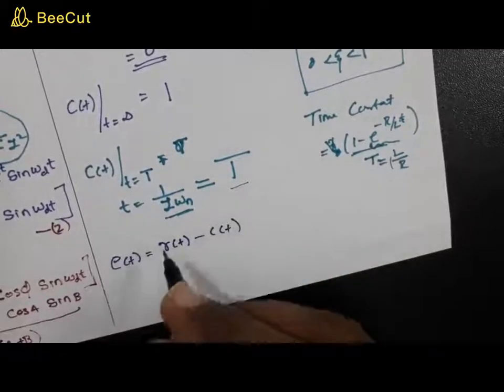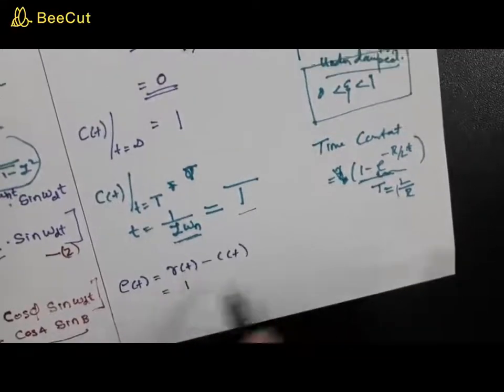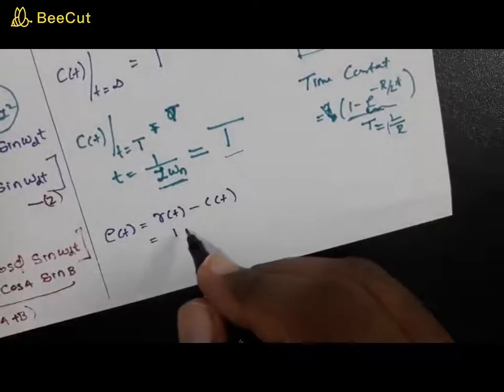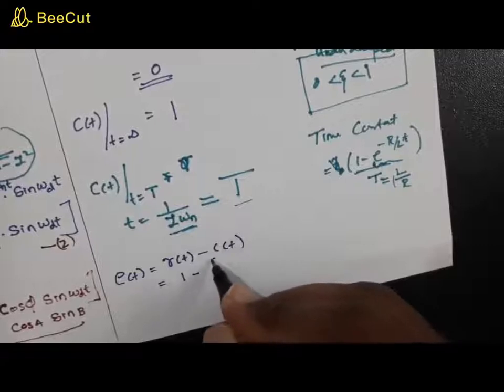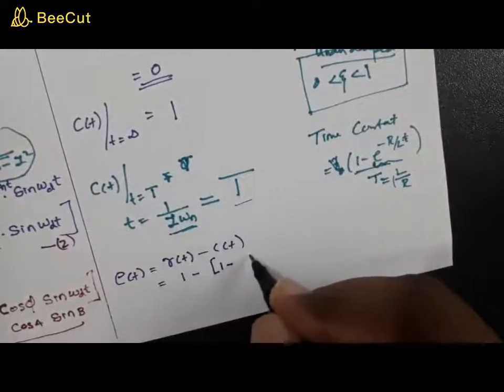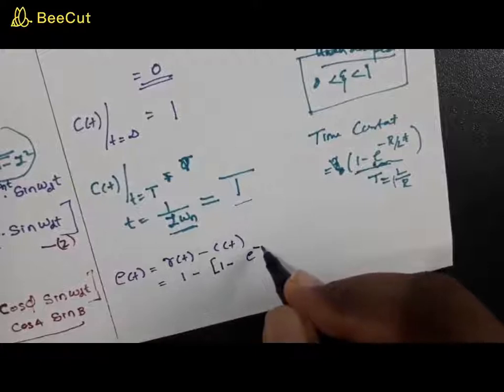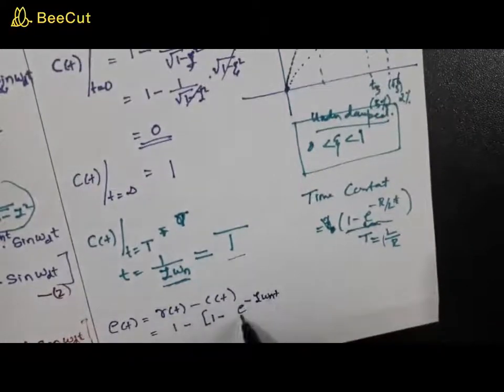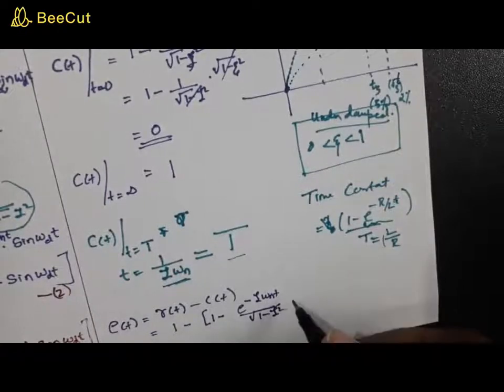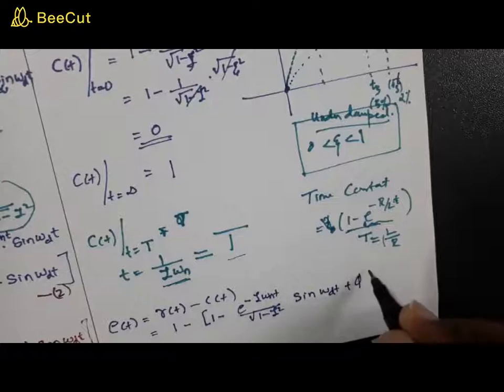You know this r of t is 1, the input that you gave, minus this c of t, so you will be getting 1 minus e raised to minus zeta omega n into t divided by root of 1 minus zeta square, into sine of omega d t plus phi.